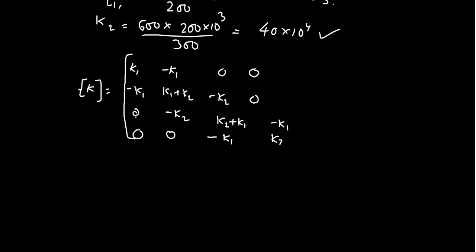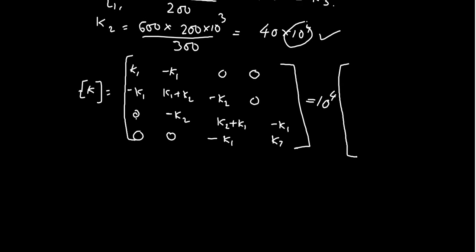Now we'll substitute the values. In all the matrices, 10 power of 4 is common, even in K1, K2, K3. So we'll take 10 power of 4 common outside the matrix. Then in the matrix, the K1 value which we got is 84, and K2 is 40.